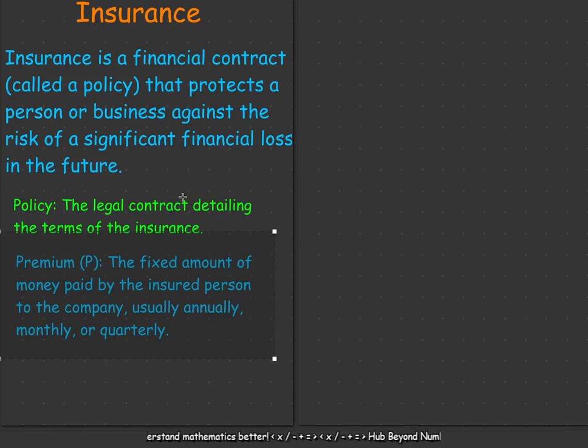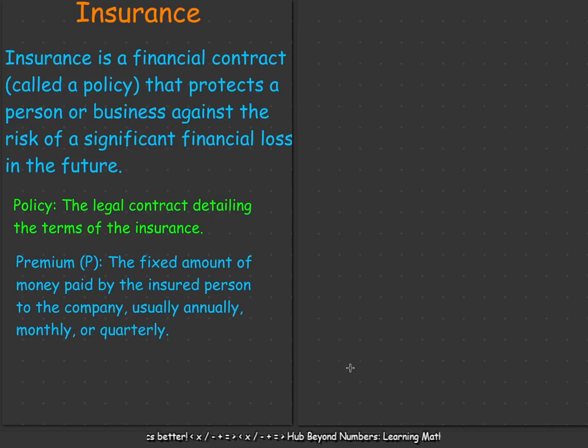Now, even though there is a cost for your total property, the company, per its policies, has an amount they agree to pay. We call that the sum assured. The sum assured is the maximum amount of money the insurance company agrees to pay out if a claim is made.